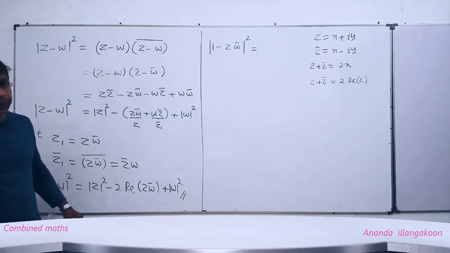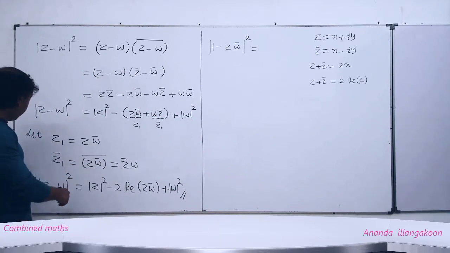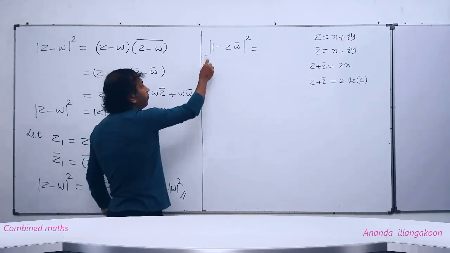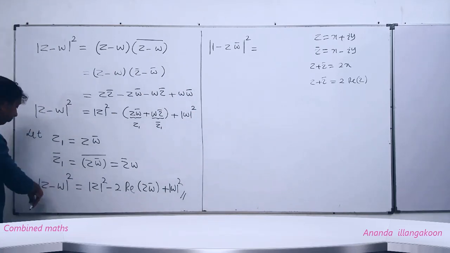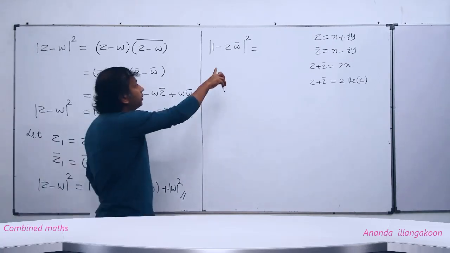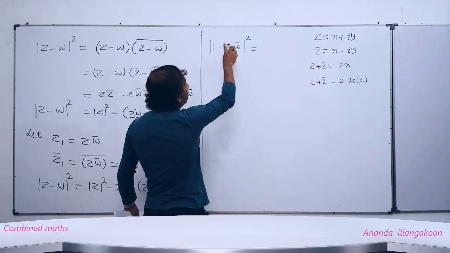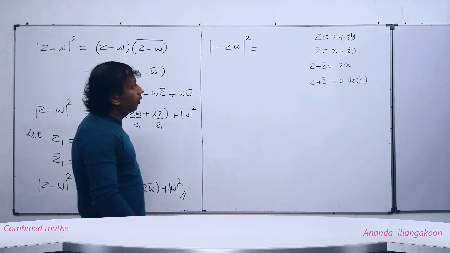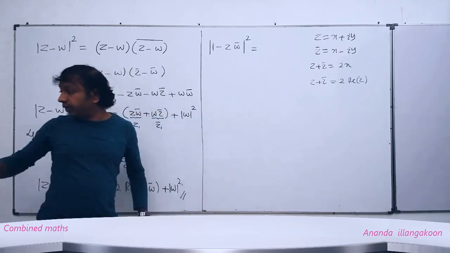You match it this way. This Z I take as 1, because this Z is a complex number. No? 1 is also a complex number. We said a real number is a complex number. Right. And this W, I take this whole thing, Z W bar. Okay. Then we can match it like this.